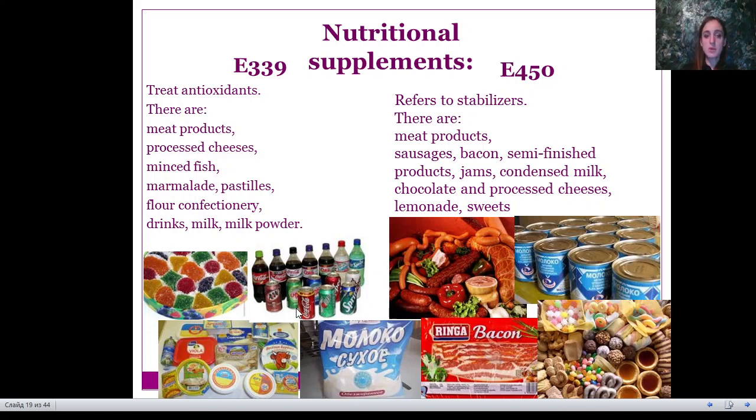And for example, first it's meat products, then fish, marmalade, pastilles, drinks, milk, and the second table, here also meat products, some bacon, jams, semi-finished products, and chocolate and different sweets.